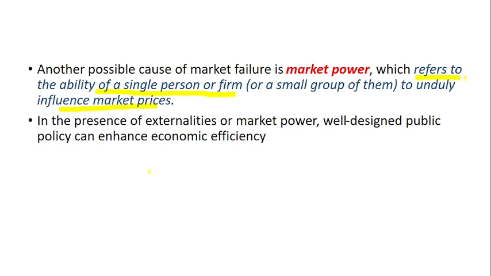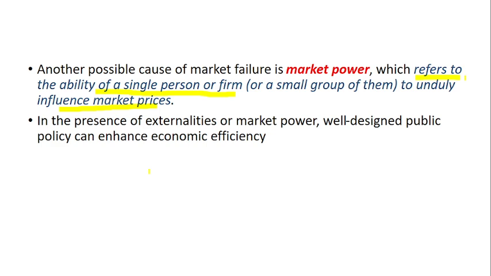Market power means if a person has more market power, he will be able to influence the market price. If there is only one seller, if there is only one producer, that producer will sell the product at the highest possible price, and that will be very disadvantageous for the consumers. So if there is concentration of market power, it will be dangerous.